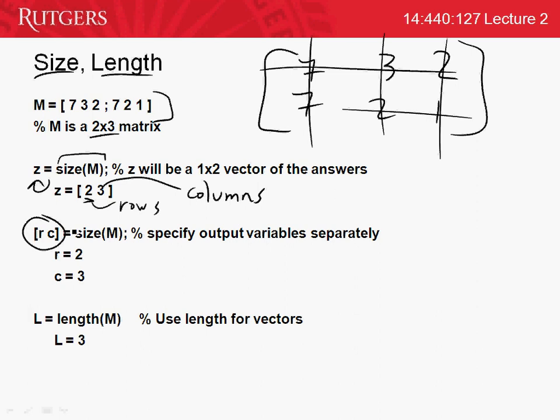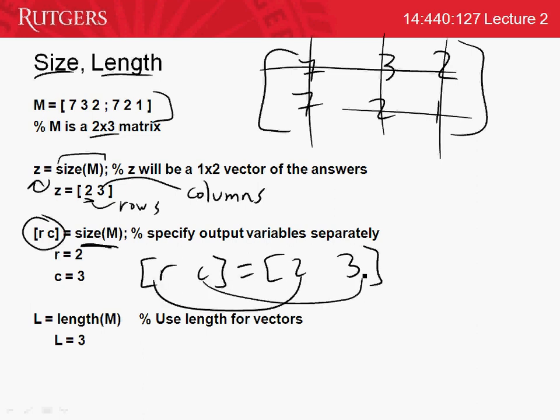And so we say [R, C] in a vector equals the size of M. And so this size of M is returning 2, 3. We're saving it in [R, C]. So what it does is it basically says R equals 2, C equals 3. And so that's a trick. You can basically just save multiple variables in one line with MATLAB.